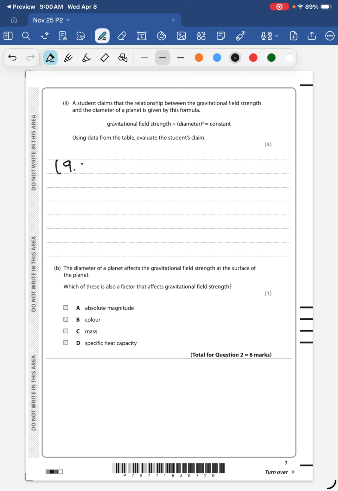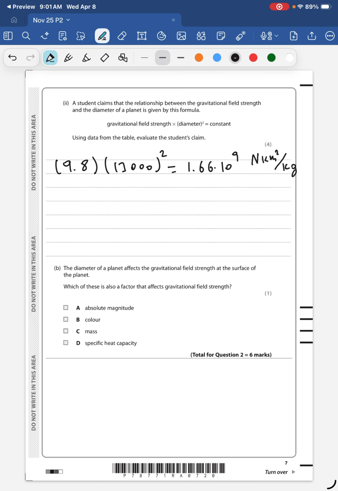So for the first planet, we have G being 9.8, the diameter being 13,000 squared. And this is kilometers. I keep the kilometers because it's convenient. So this evaluates to 1.66 times 10 to the 9, and the units are newtons kilometers squared over kilograms.